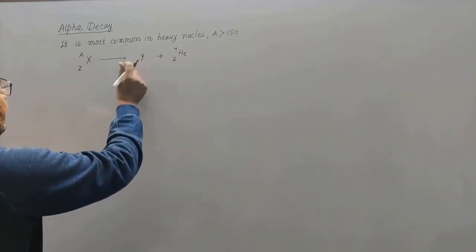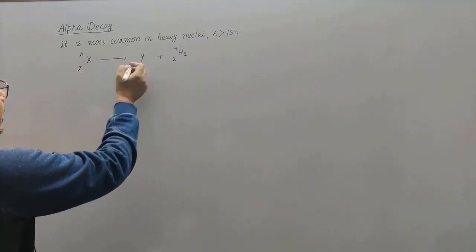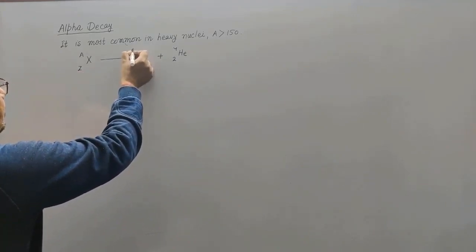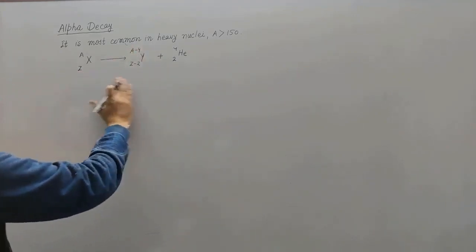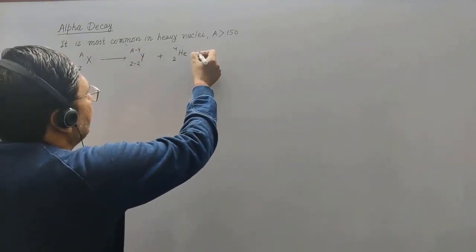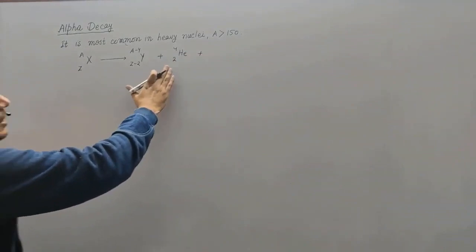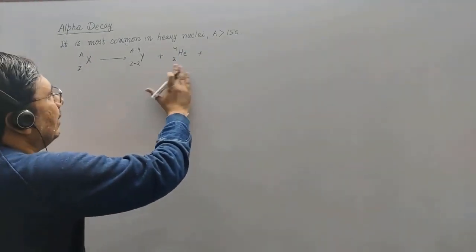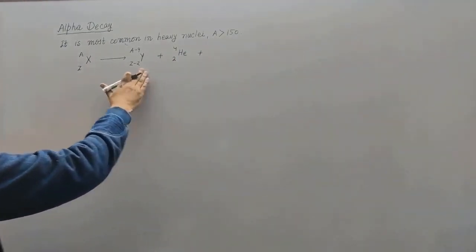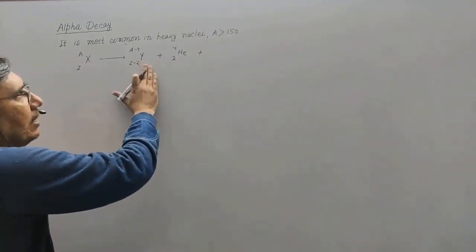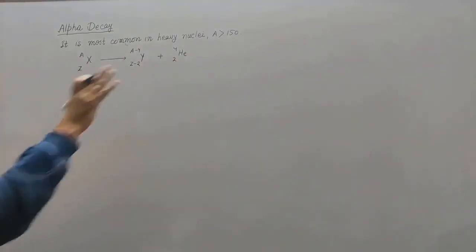And what will be the Z number here? 2 is subtracted from Z, so this will be Z minus 2, and this is A minus 4. This is the general equation, and here energy will be emitted in the form of kinetic energy of the alpha particle, and a small amount of kinetic energy will be carried by the daughter nucleus Y.